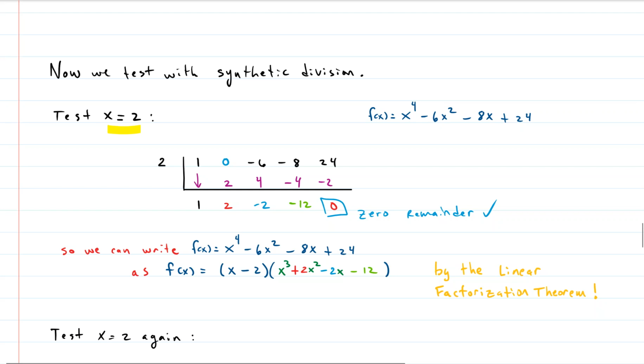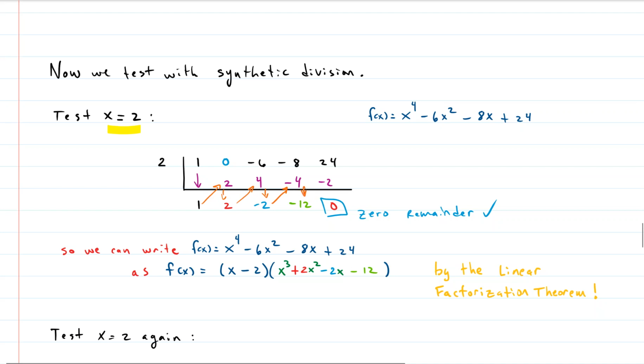The first 1 comes down, and then we have 2 times 1, which gives us 2, and we add, and we get 2. 2 and 0 is 2. 2 times 2 is 4. We add -6 and 4, and we get -2. 2 times -2 is -4. We add -8 and -4 gives us -12.